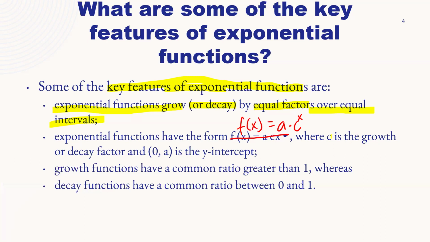Your c variable is called your growth or decay factor. And your a represents your y-intercept. So c is your growth or decay factor, and a is your y-intercept.